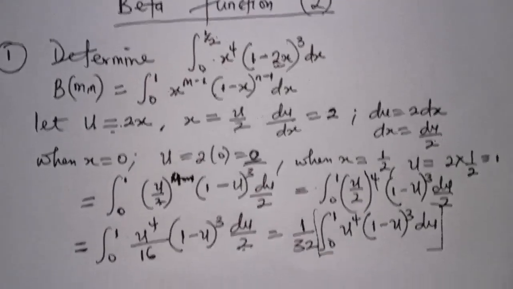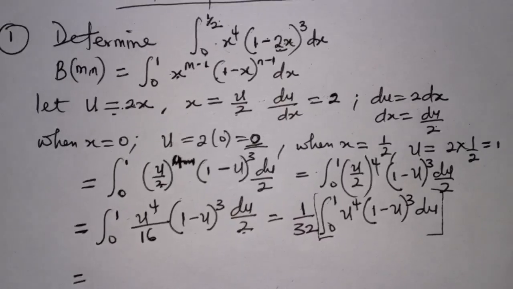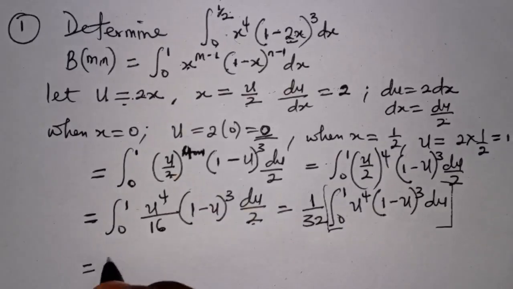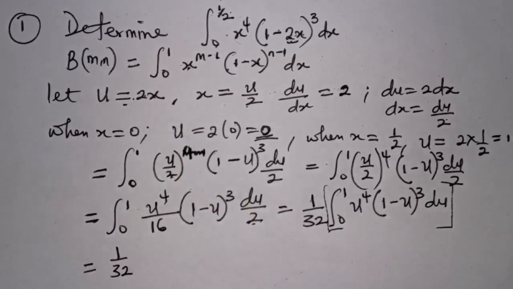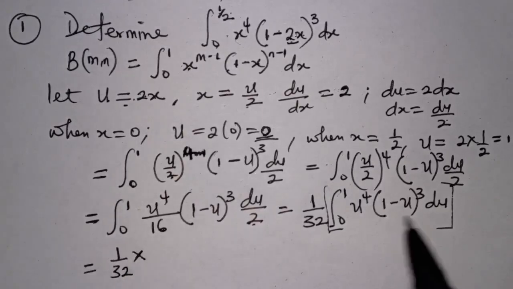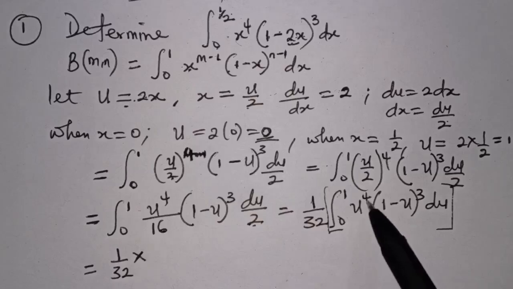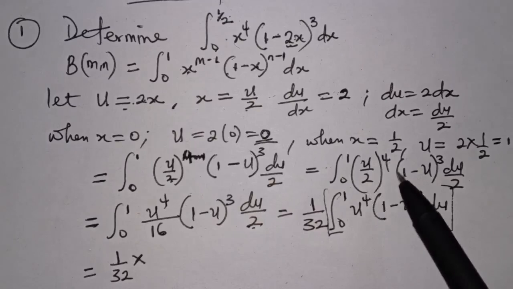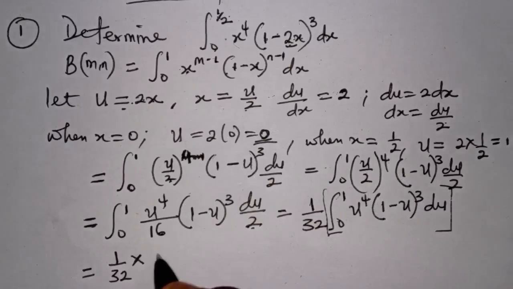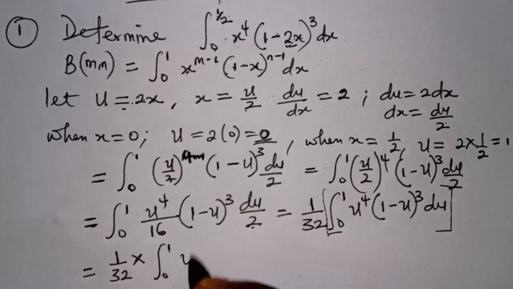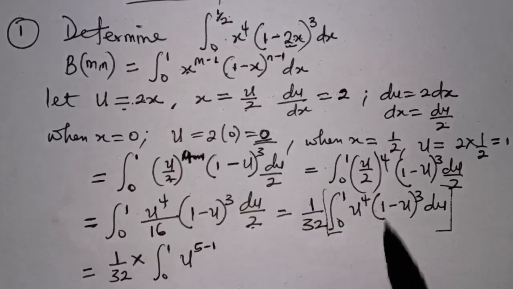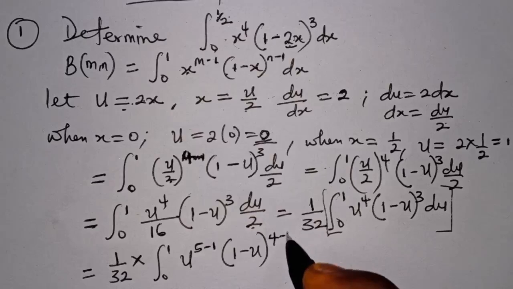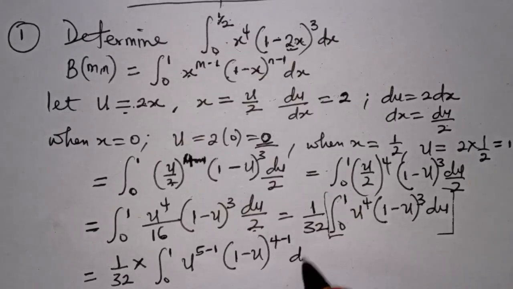Alright, let's see. To write that integral exactly in the format of the beta function, this is how we're going to write it. 1 over 32 is outside, so this is times. To write 4 as something minus 1 will actually be 5 minus 1, right? So we have the integral from 0 to 1 of u to the power of 5 minus 1, that will give me 4, into 1 minus u to the power of 4 minus 1, that will give me 3 du.